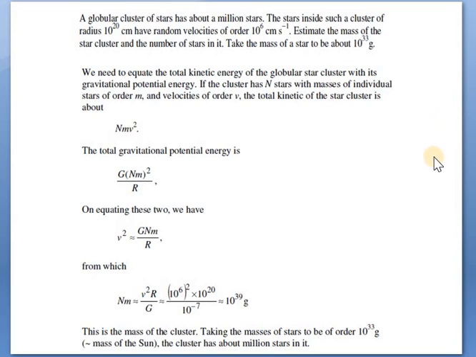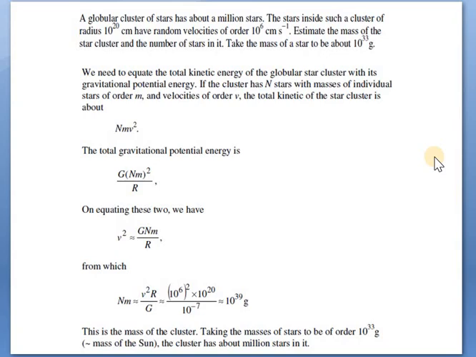Next, for the sake of completeness, I have also given here yet another very small but interesting problem on the Virial theorem. Let us consider a globular cluster of stars which has about 1 million stars. The stars inside such a cluster of radius 10 to the power 20 centimeter have random velocities.